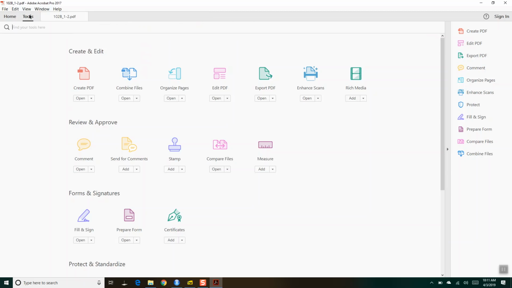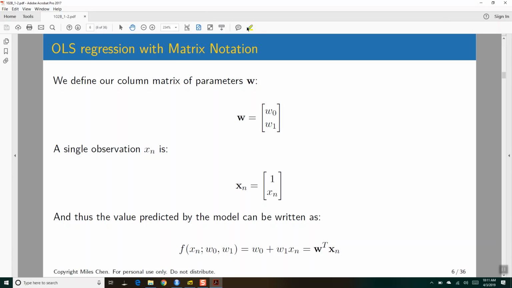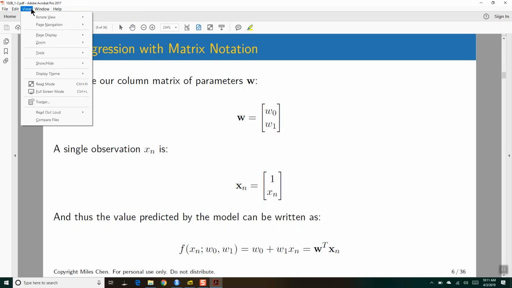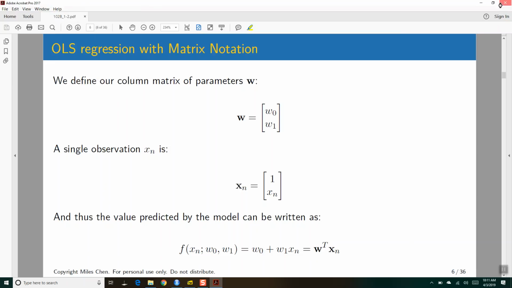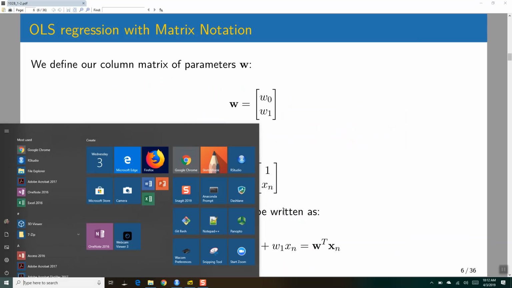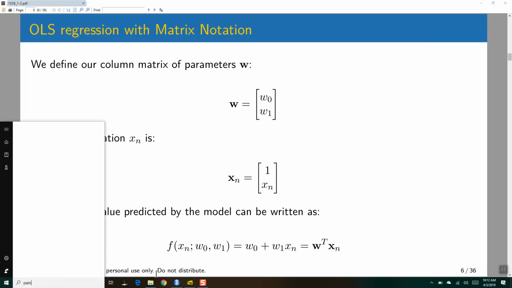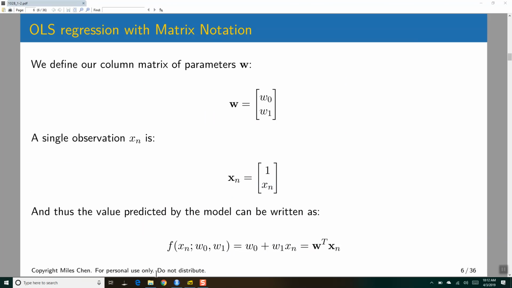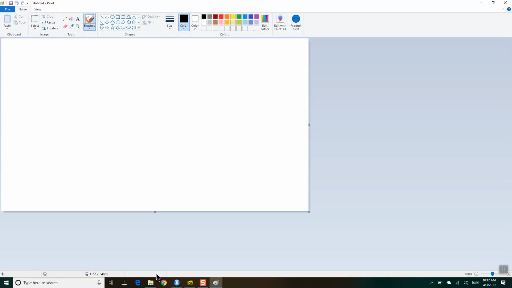Where's my markup tool here? I don't know where my writing tools are. I'll open up Paint.